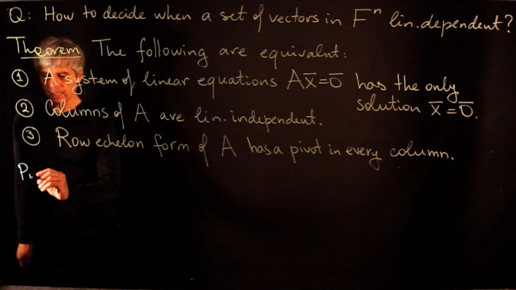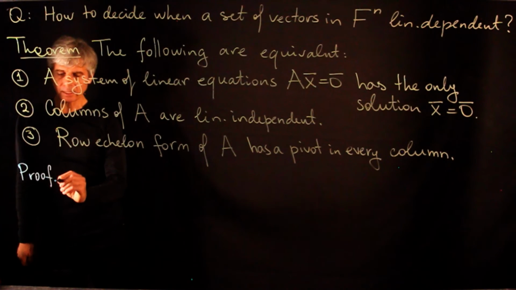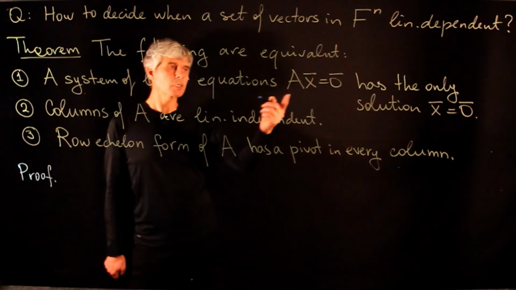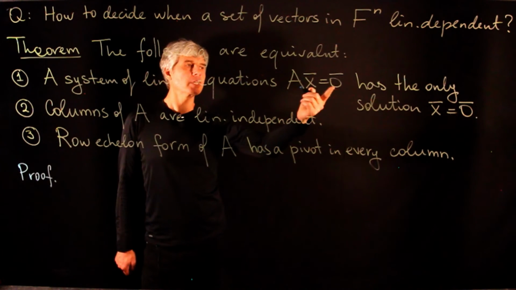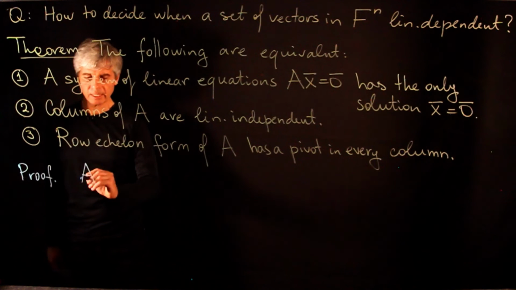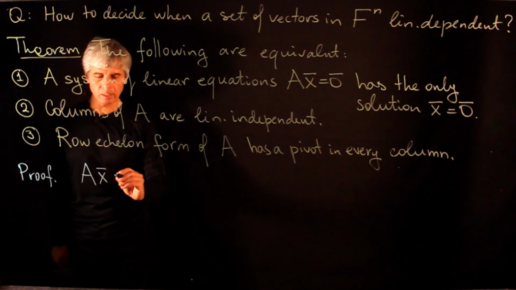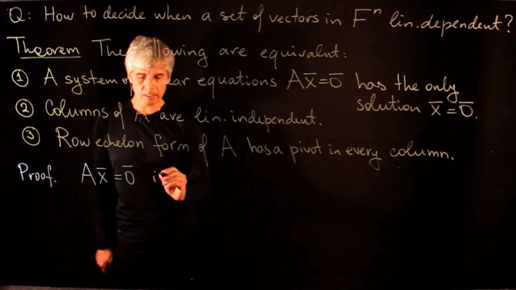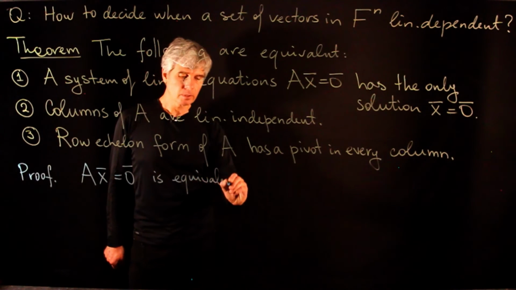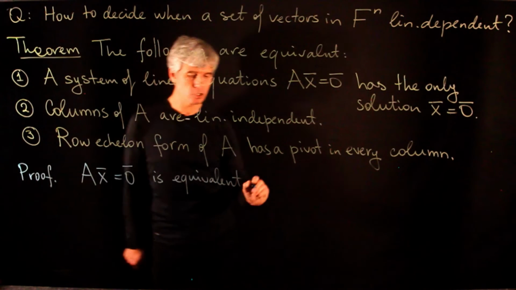So the proof of this theorem is based on our different interpretations or different points of view on the system of linear equations. And so what we saw is that this system of equations, Ax equals 0, is equivalent to a vector equation.